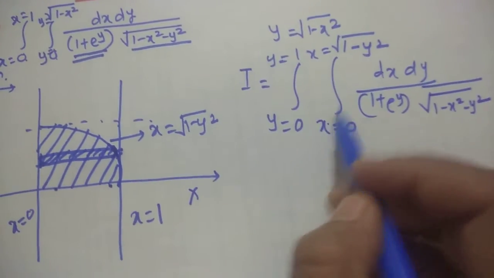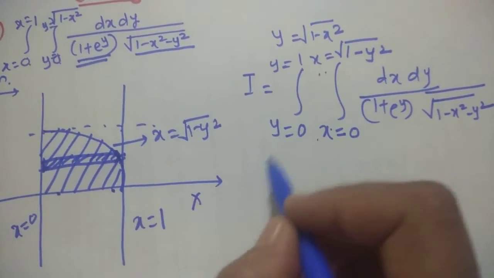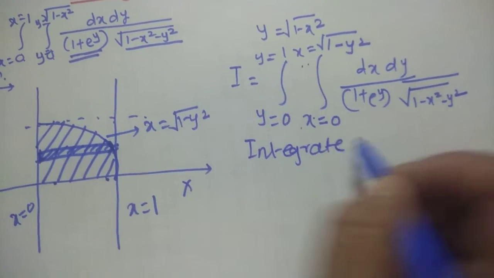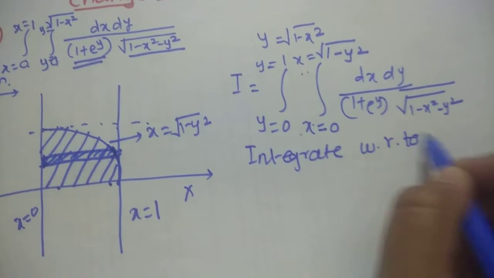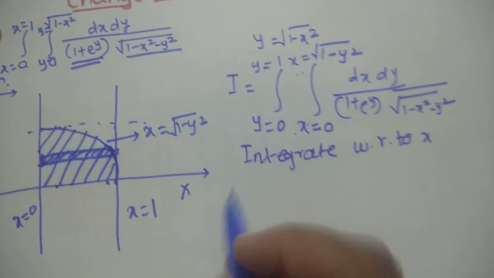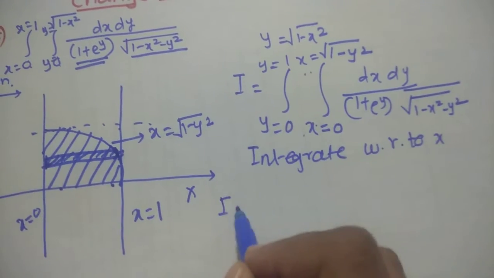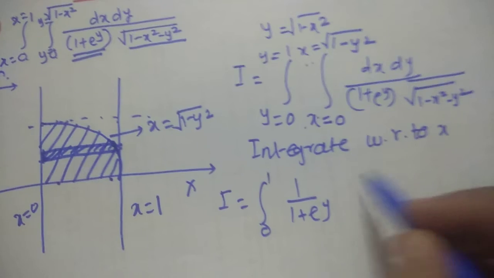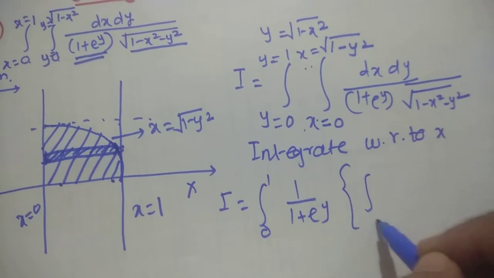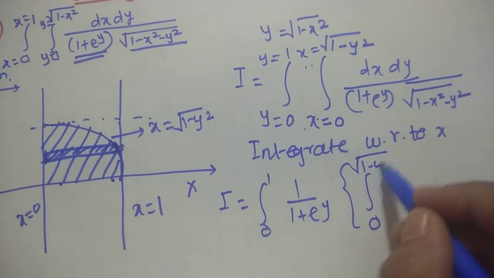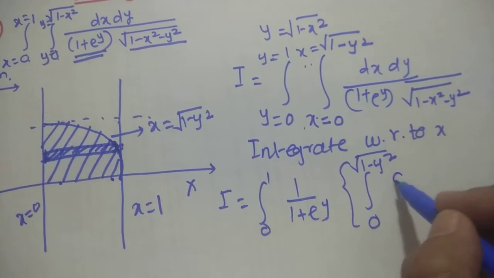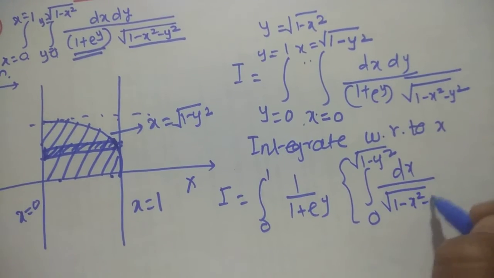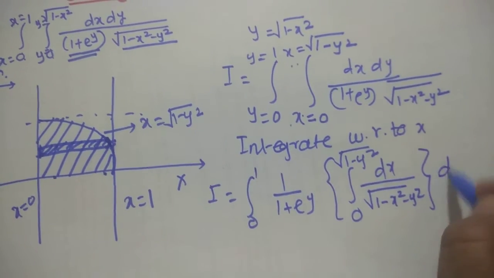Now since the limits of x are a function of y, you can integrate first with respect to x, keeping 1 plus e raised to y outside because it is constant. So I equals integral from 0 to 1 of 1 upon 1 plus e raised to y, then integral from 0 to under root 1 minus y square of dx upon under root 1 minus x square minus y square, and this is dy.